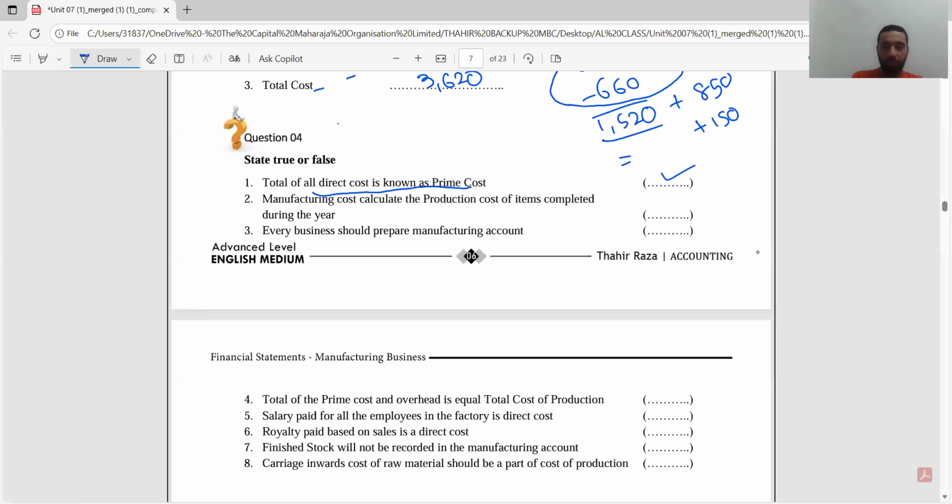True. Very good. Manufacturing costs calculate the production cost of items completed during the year. Yes, this is simple. Manufacturing cost normally calculates the production cost of items completed during the year. Very good. Right? Every business should prepare manufacturing account.